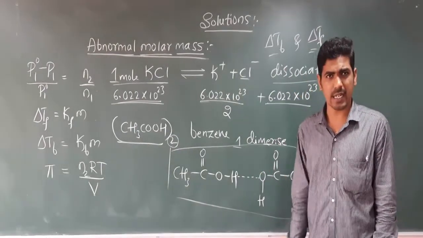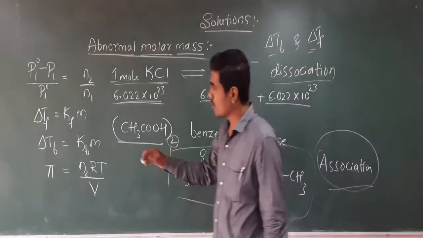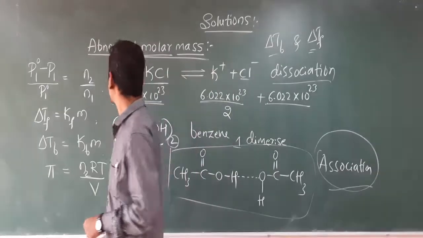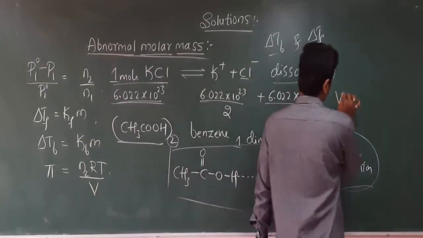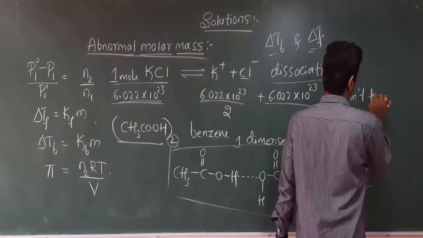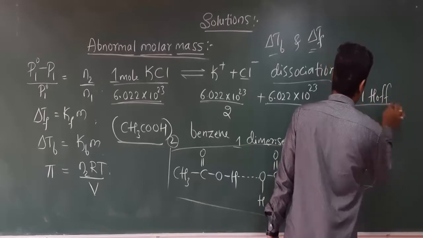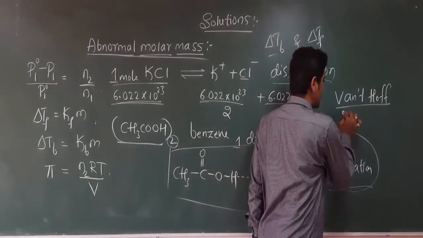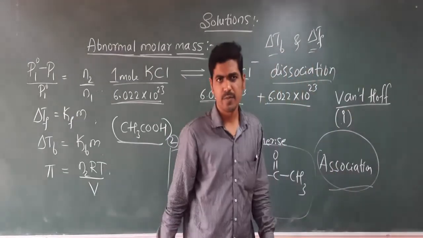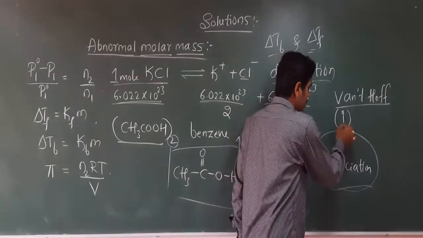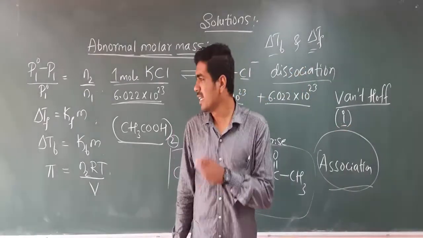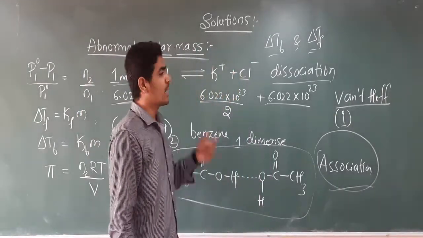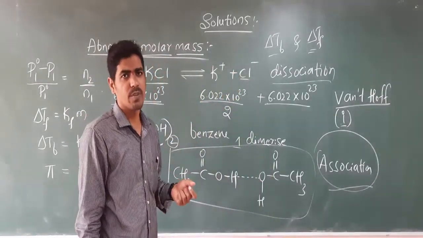In order to modify these formulas, one scientist known as Van't Hoff introduced one factor that is indicated as i, and this i is substituted in these formulas in order to get the expected value.